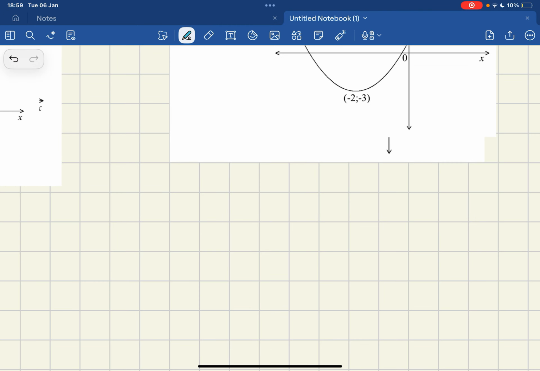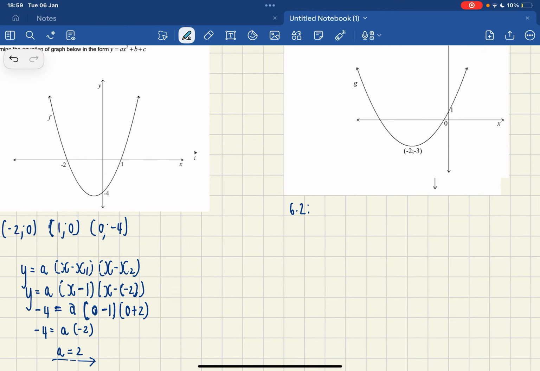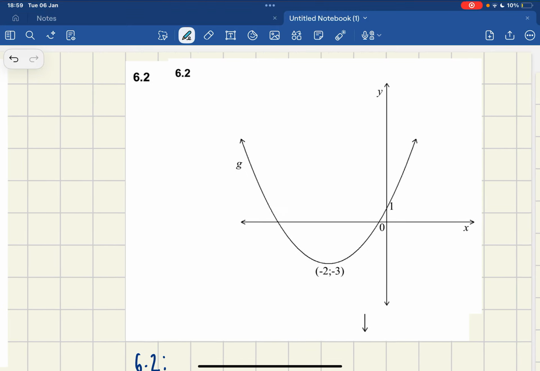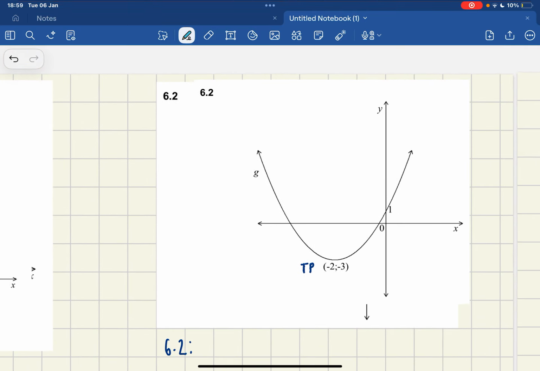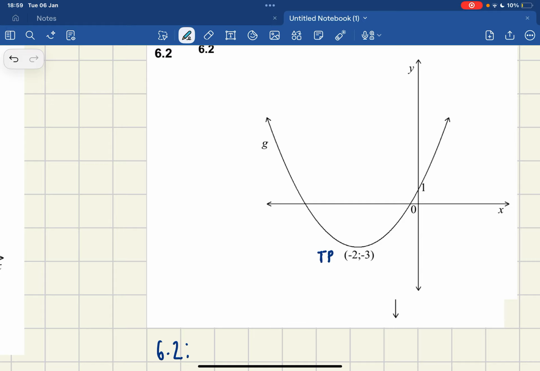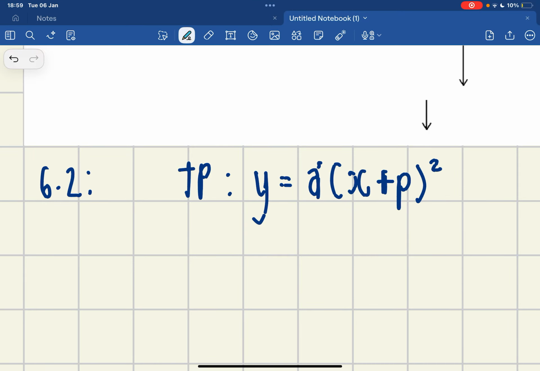Then question 6.2, we look at what we're given when we're asked to look at the equation. So what are we given in this point? This point we're given, this is the turning point, as we could see. The turning point and another point. So we'd use turning point form, which is y is equal to a times x plus p squared plus q.